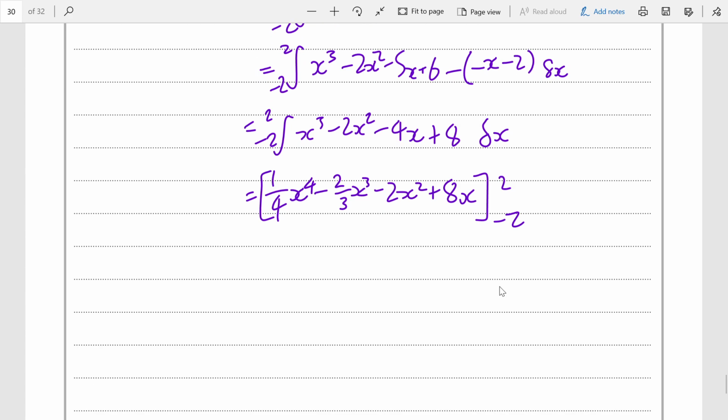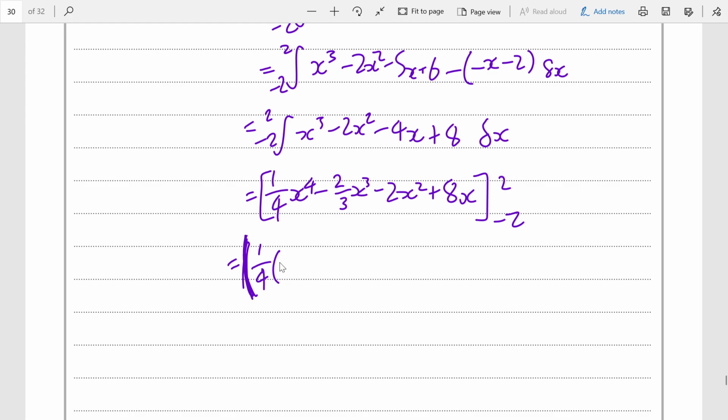Alright, how do we deal with this? At the moment it looks like, since it's 1 over 4, we'll first put our 2 bound in, and then we'll see if there are any similarities we can cancel out here.